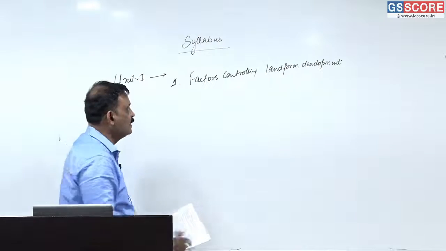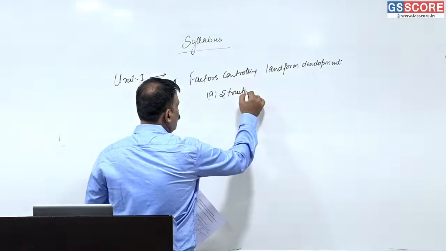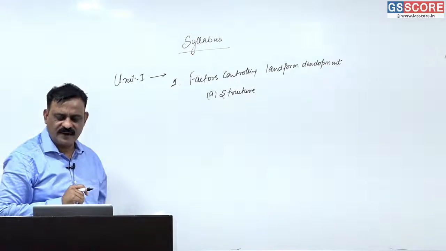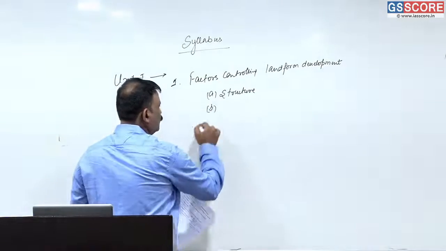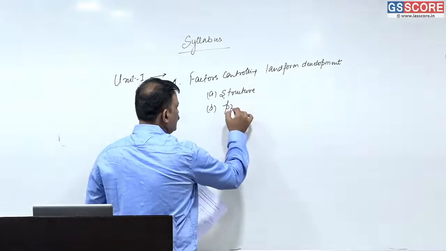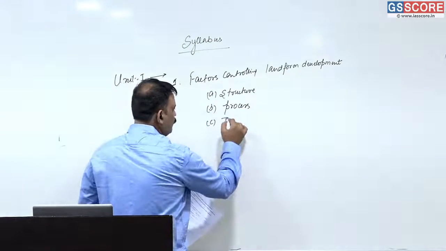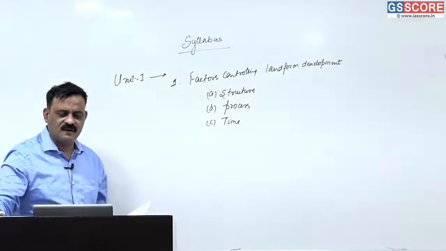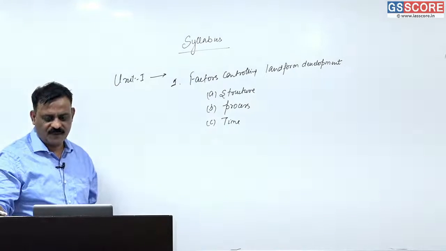So in this case, you need to study the structure, what type of structure prevails at a particular area, and then you need to study the process that operates, and then you need to study the time. Generally it is said that landforms are the product of structure, process and time.